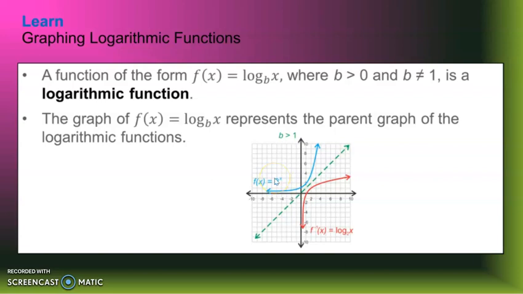So if I had f of x equals 2 to the x power, the inverse would be log base 2 of x. And you'll notice that we have our line of reflection here, and our asymptote is now no longer the x-axis, it's now the y-axis. So we're going to work on graphing logarithmic functions.